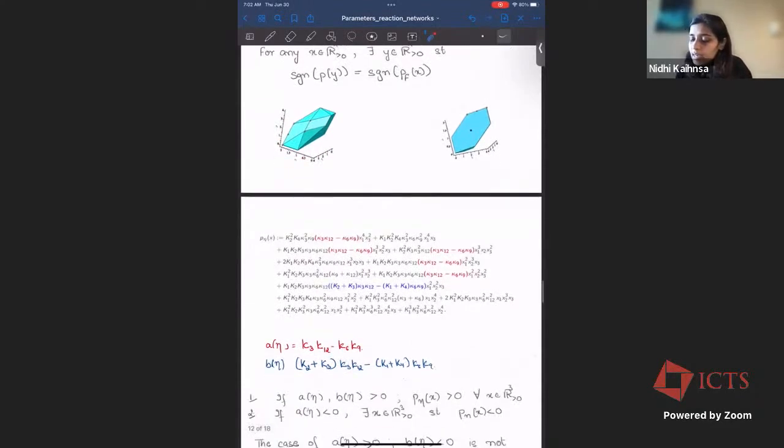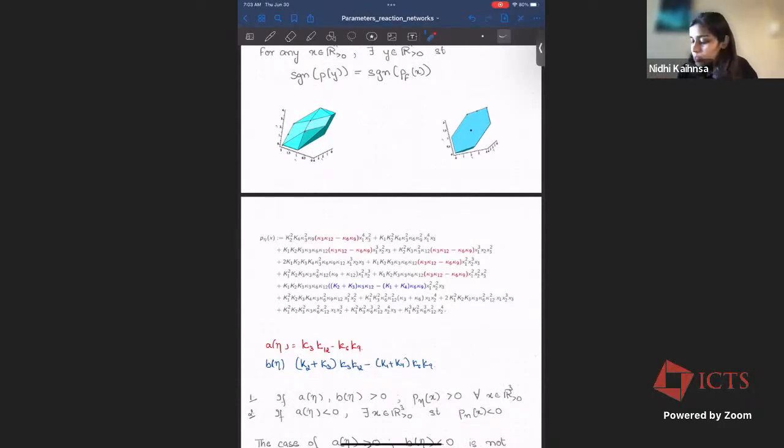So if A eta and B eta are positive, then my polynomial is positive. That means my system is monostationary. So whatever curves I get, they will always hit my stoichiometric compatibility classes in exactly one stationary point. And if my A eta is negative, I can always find a compatibility class where there is more than one stationary point, because my polynomial can go negative.